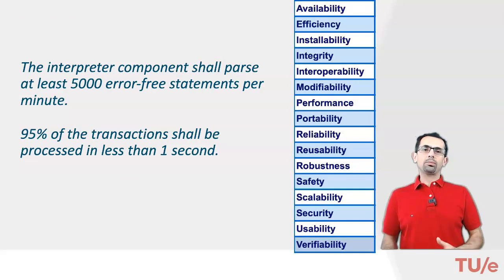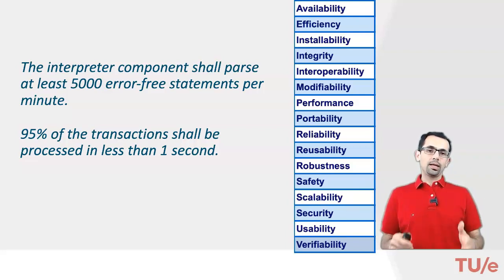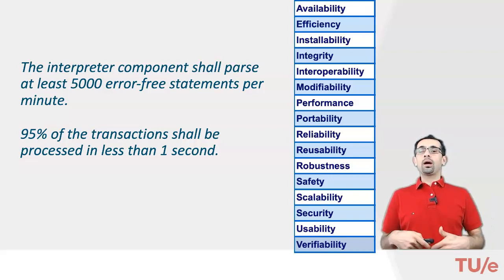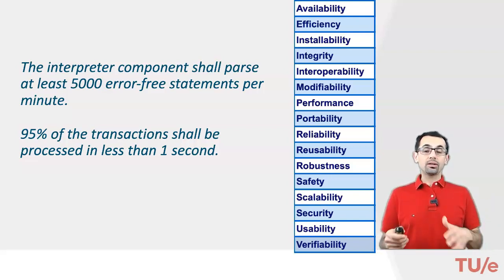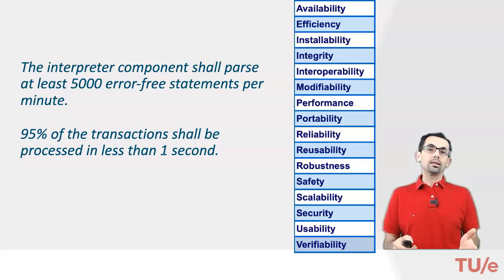Now, the second example: the interpreter component of that particular system shall parse at least 5,000 error-free statements per minute, or 95% of the transactions shall be processed in less than a second.